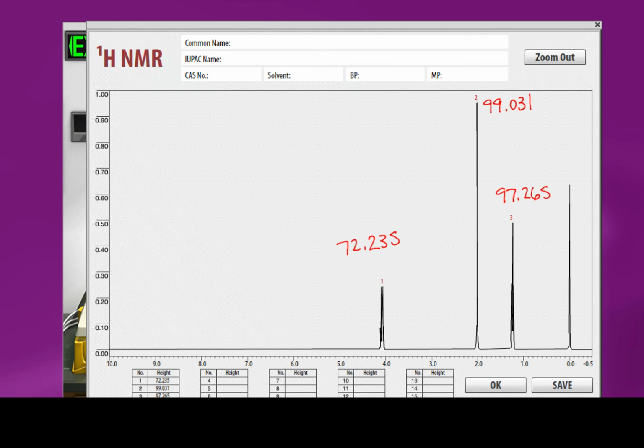So to normalize these, you want to divide them all by the lowest number. So in this case, it's 72.235. So let's divide them all by that.